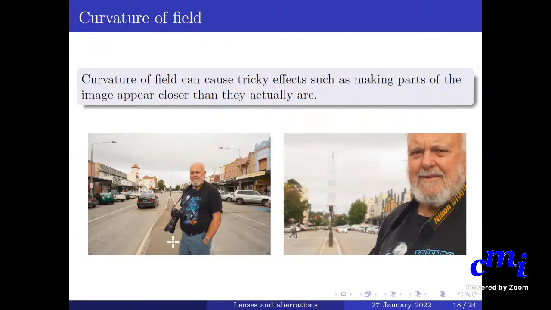The left hand side image displays the actual distance, and the right hand side image is the trick appearing because of this curvature of field. So they can make parts of the image appear closer than where they actually are. This is an example of curvature of field.